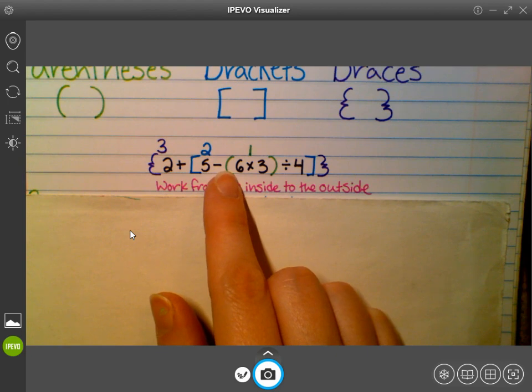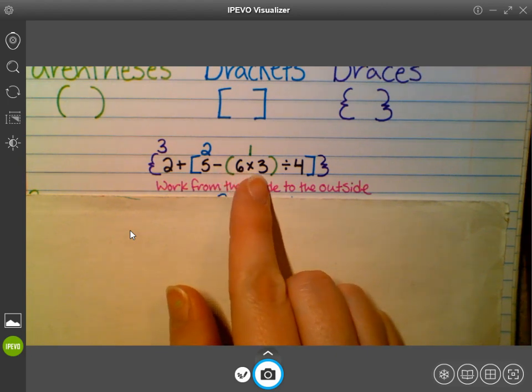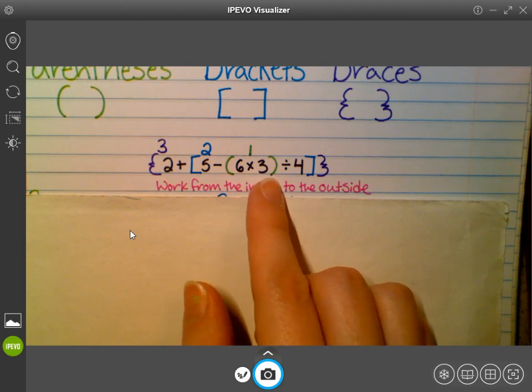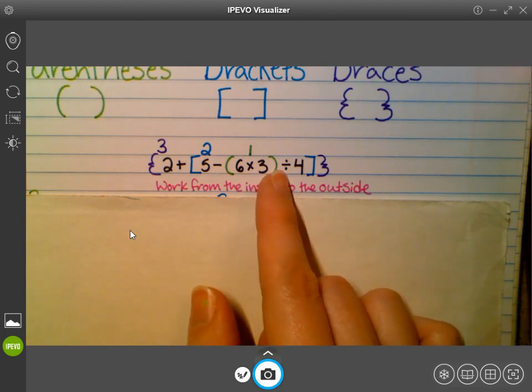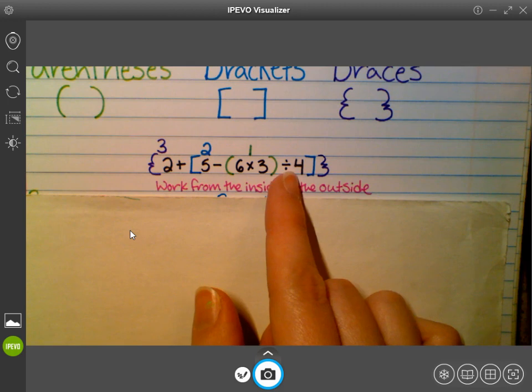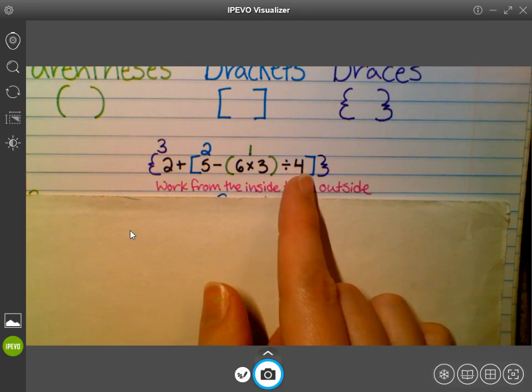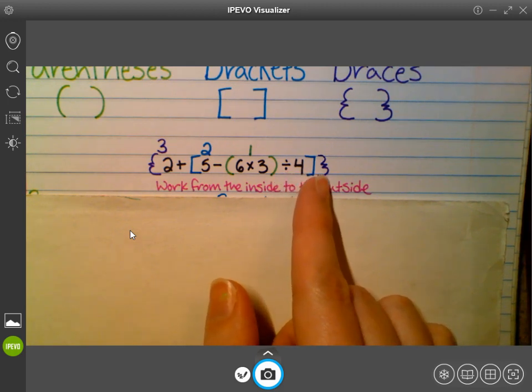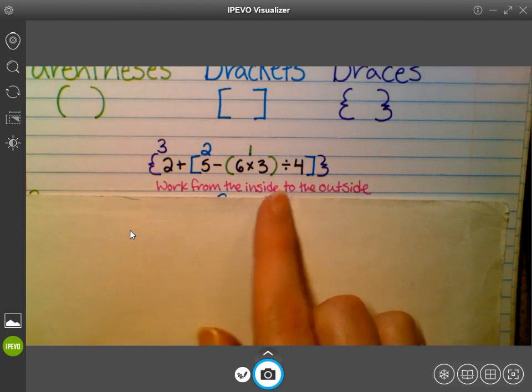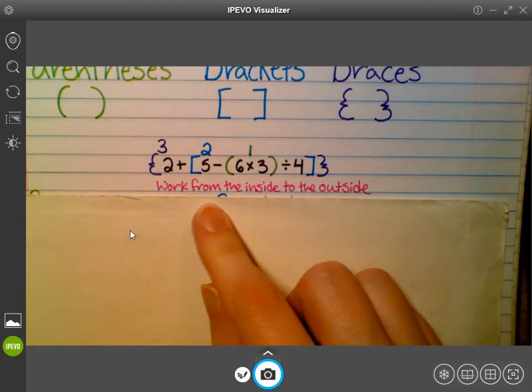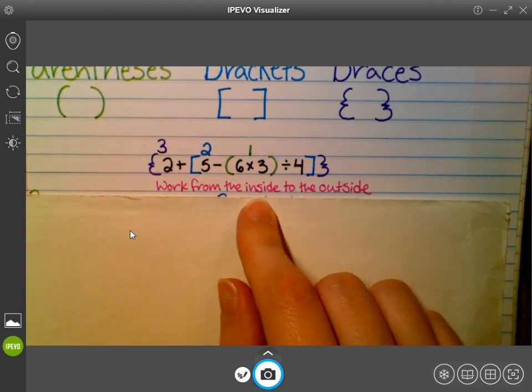Then we have an opening parentheses in green. And then 6 times 3. Then we close the parentheses. Divided by 4. Then we close the bracket. And then we close the brace. So we work from the inside to the outside. It looks like it's hard, but in 5th grade, it's really not. And I'm going to show you that today.